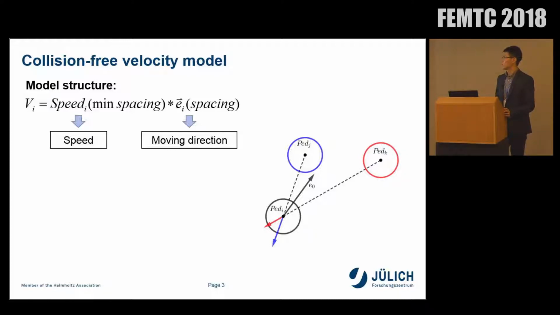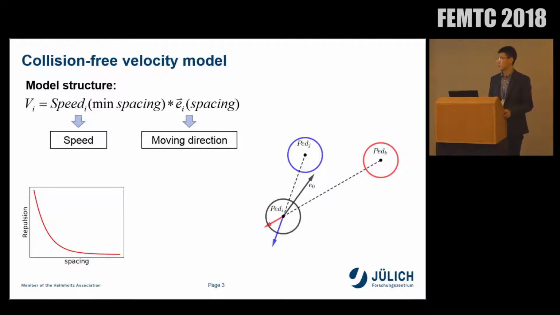And the influence from pedestrian J is represented by the blue vector in this figure. And the influence from pedestrian K to pedestrian I is represented by the red vector in this figure. The direction of the blue vector and the red vector is from the centers of pedestrian J and pedestrian K towards the center of pedestrian I. And the scale of this vector is decided by a repulsion function.